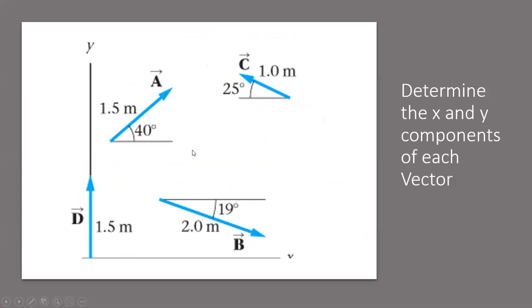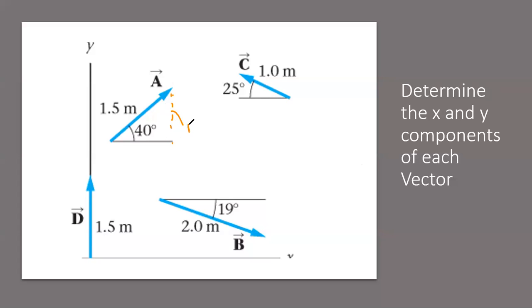Okay, another practice one: determine the x and y component of each vector. Based on what we learned, you should be able to do this. Okay, I need the pen. This is pretty straightforward.